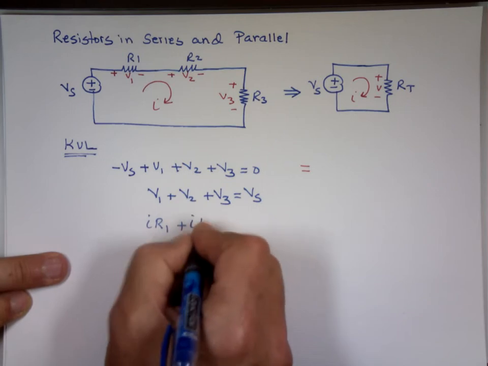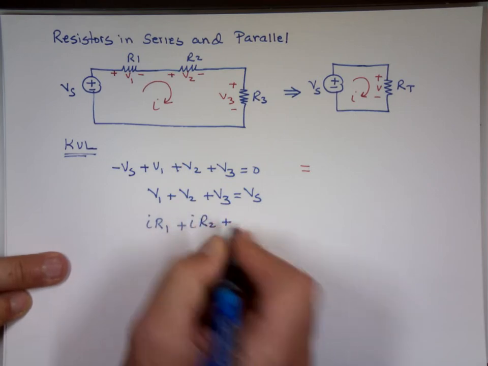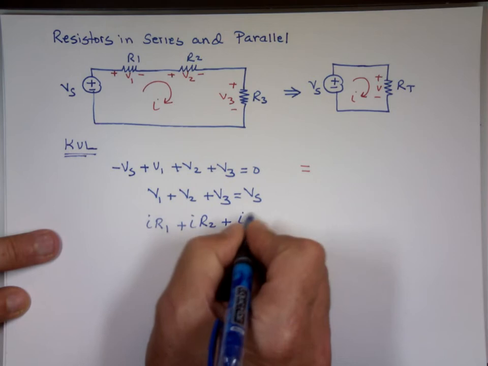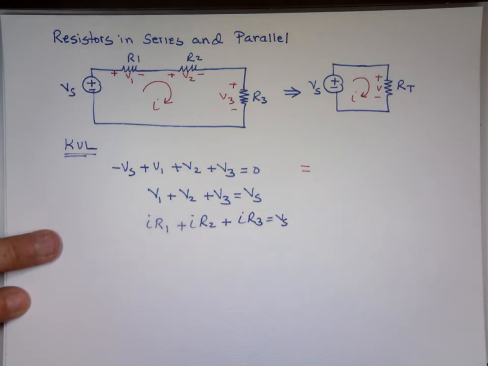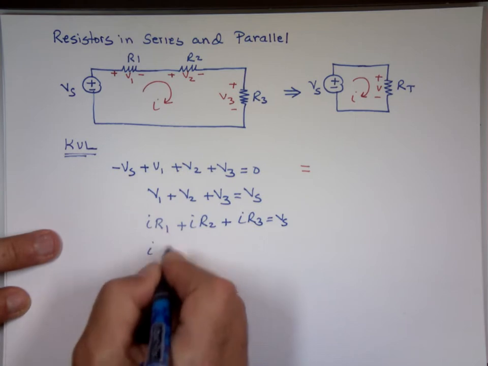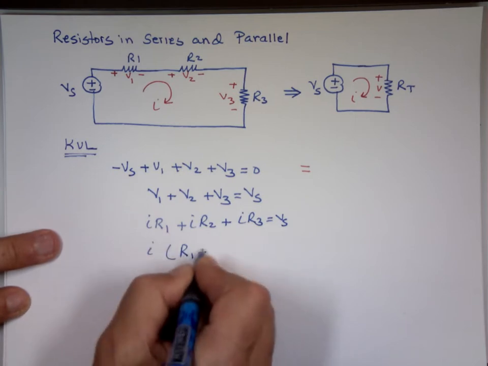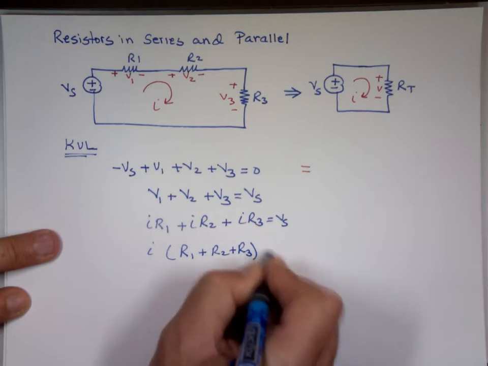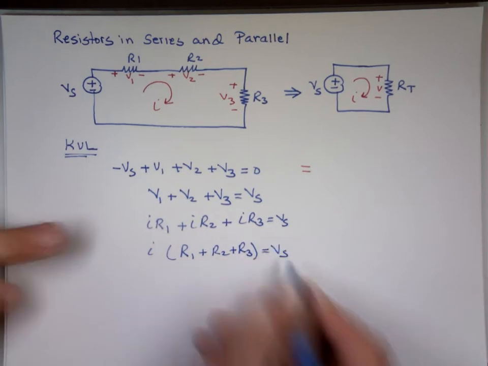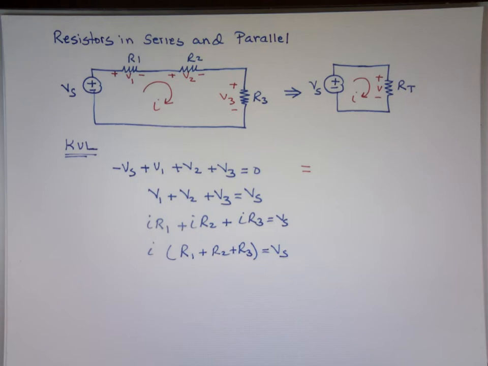IR sub 2. Yes. What's V3 equal to? IR sub 3. Factor an I out. Now I'll stop here with this one.